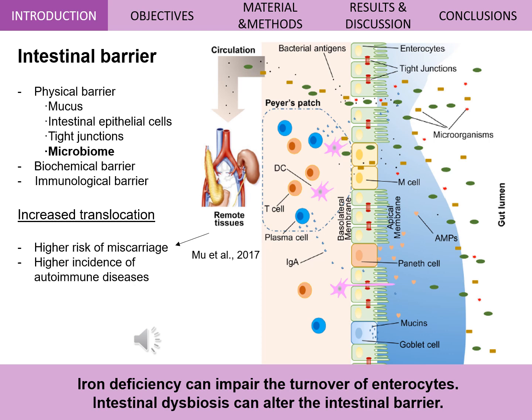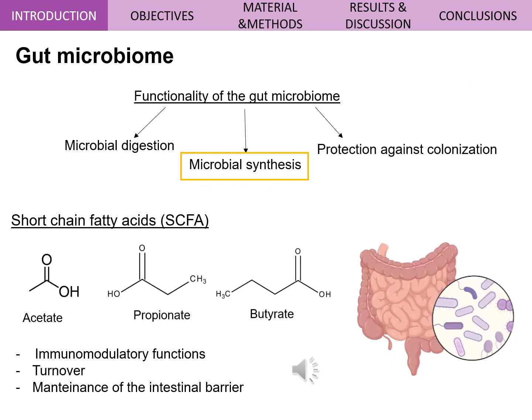So our hypothesis is that the intestinal barrier is impaired during iron deficiency because iron regulates the cell cycle, and therefore iron deficiency can impair the turnover of enterocytes. Moreover, intestinal dysbiosis, which is very likely to occur during iron deficiency anemia, can also alter the intestinal barrier.